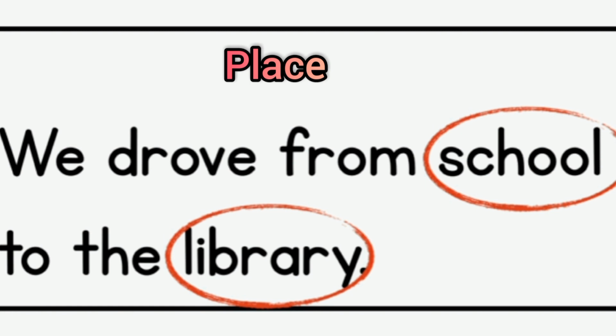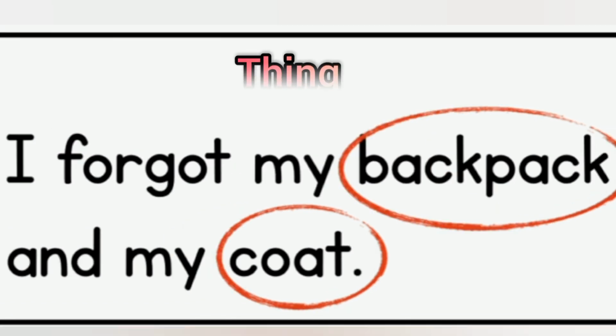We drove from school to the library. School and library are examples of places. Or example for thing. I forgot my backpack and my coat. Backpack and coat are examples of things.